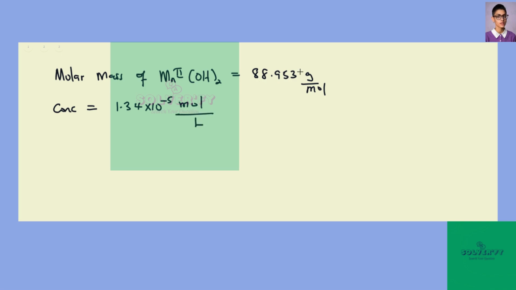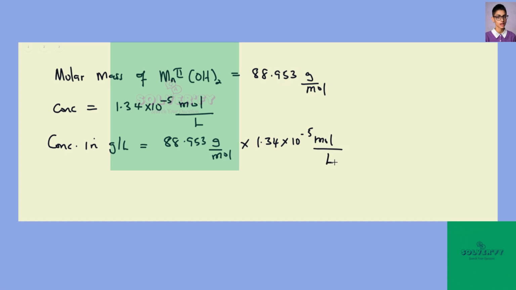So we just multiply the two together. So concentration in grams per liter will then be equals to 88.953 grams per mole multiplied by 1.34 times 10 to the power minus 5 mole per liter. So this cancels this, and we're gonna have 1.2 times 10 to the power minus 3 grams per liter.